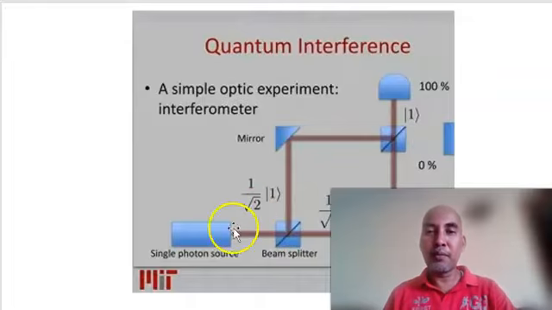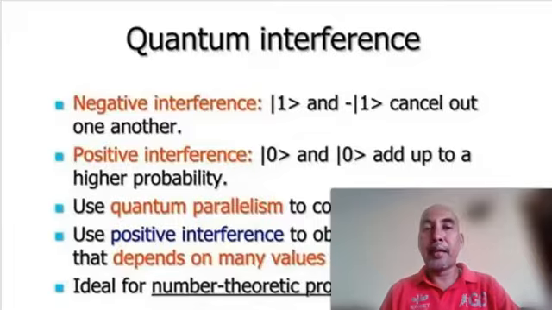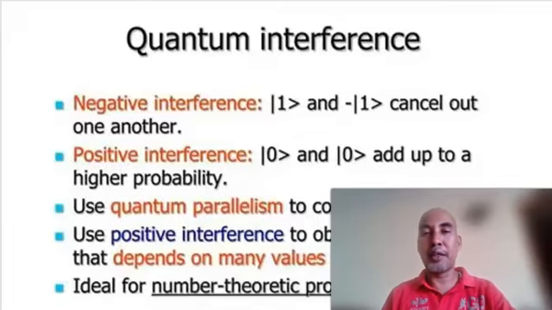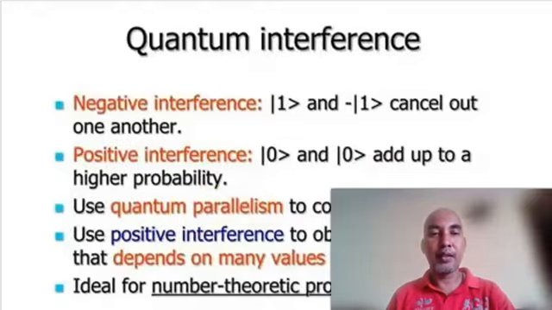So at this point, waves from the same source are making interference. Depending upon the condition, they will produce either constructive or destructive interference. With negative interference, they cancel out each other, and with positive interference, they add up to a higher value. Then we have quantum parallelism, n number of phenomena due to the interference.